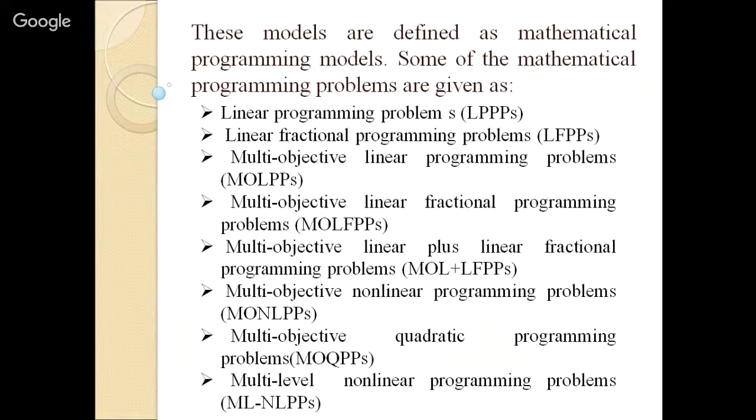Then multi-level programming problems. Multi-level programming problems are another different kind of programming problem. Multi-level means there is a hierarchy, first level and second level. If we talk in simple language, there are two chains, central government and state government. The working people are at the bottom level, but they have to work within the periphery of the central government.